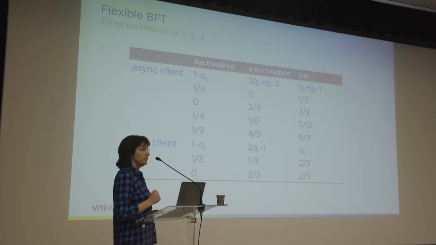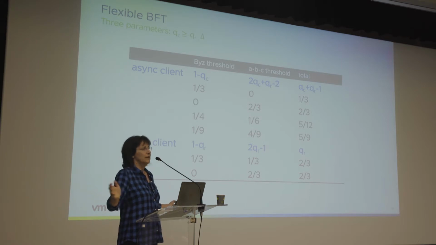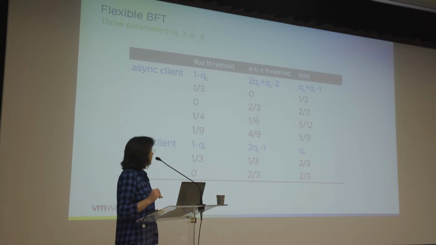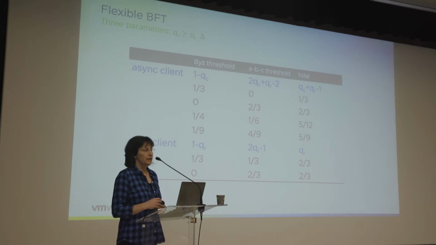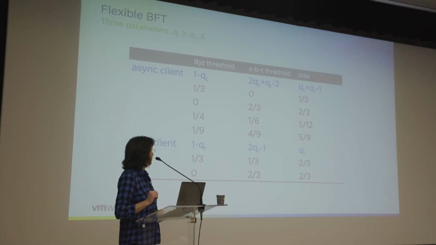What you get is that the Byzantine threshold would be n minus Q. Again, these are the ones that we really cannot rely on their participation. The ABC threshold is an additional 2Q minus n. And so the overall resilience is n minus Q. So all the replicas in the certificate minus 1 can be faulty. So in particular, if you choose Q to be 2/3, you always get resilience to 2/3, no matter how many are Byzantine and how many are ABCs.